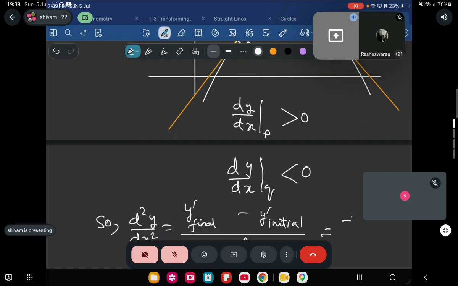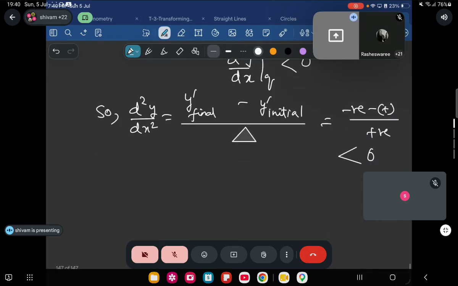Negative. What is y dash initial? Positive. Divided by delta x, which is positive only. So are you people getting that this is less than 0? So what can we conclude? f of x is concave downwards. But I know that some people tend to forget, so doing it once again. Concave downwards.